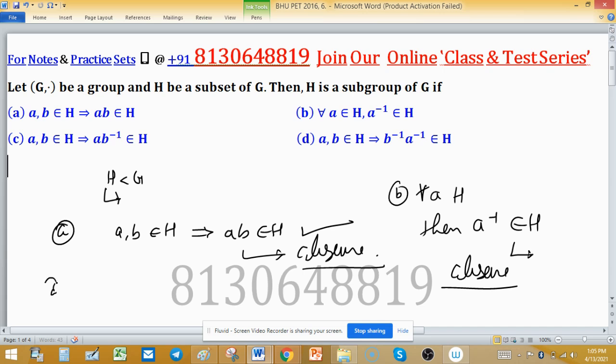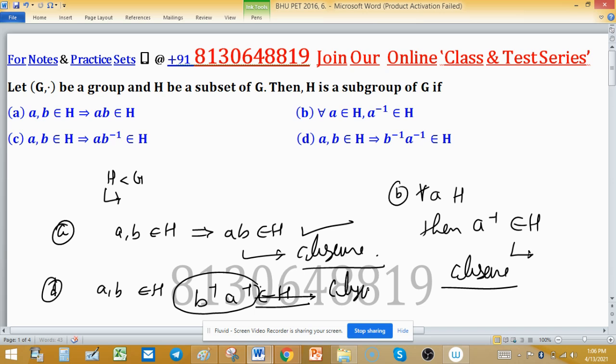Now where does option D fail? If ab is in H, then b inverse a inverse is also in H. It means that this property says elements have the closure property, but it is satisfied only partially, since they are combining only inverse elements.